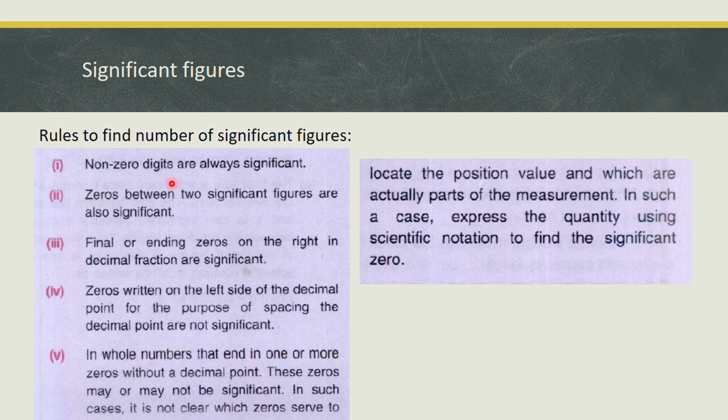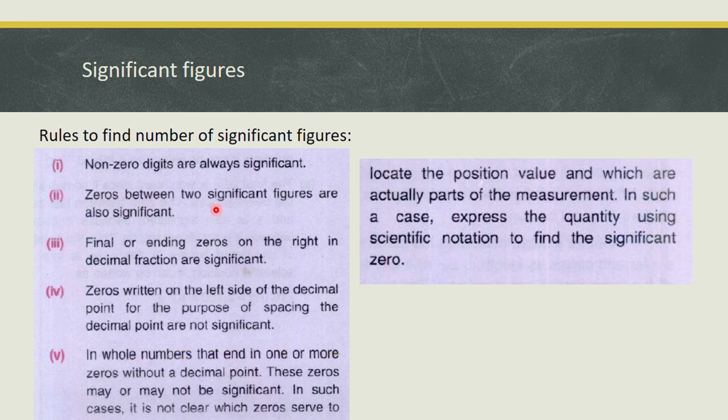But in general, all non-zero digits are always significant. Now, zeros are very important. Zeros may be significant, may not be significant. Remember this point. We must know the rules for when zeros are significant and when they are not.